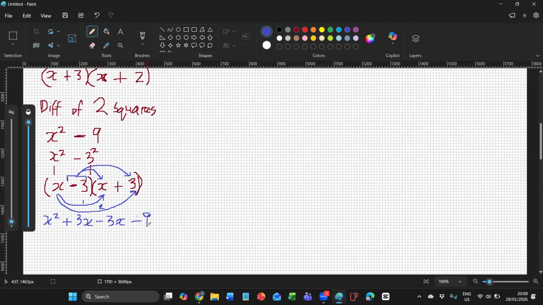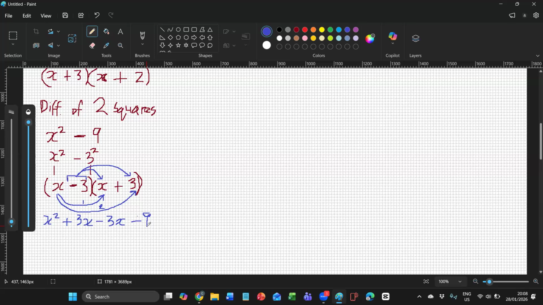Okay. So take a look at that. What do you think will happen to the guys in the middle? Can you see what I did back there? So what will happen to the guys in the middle?